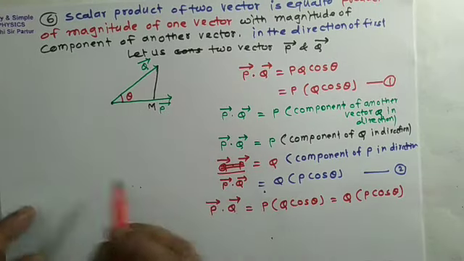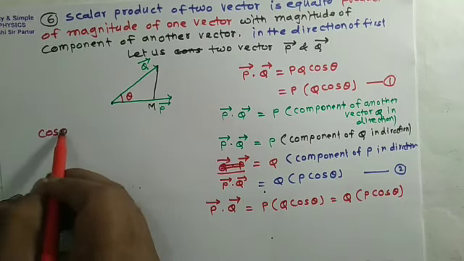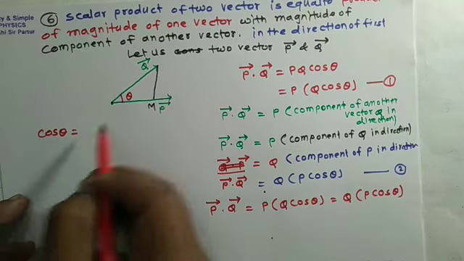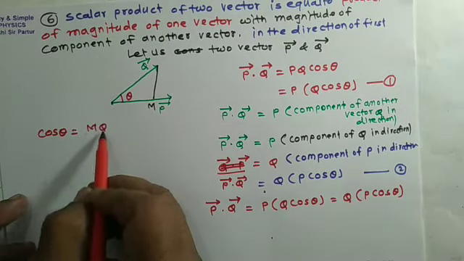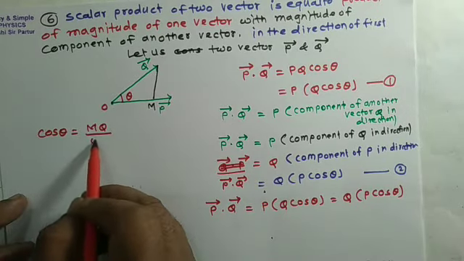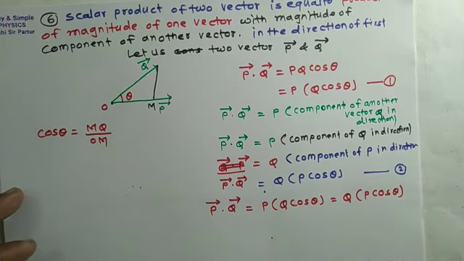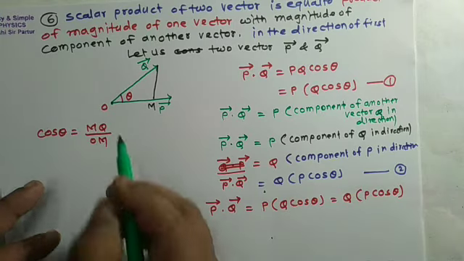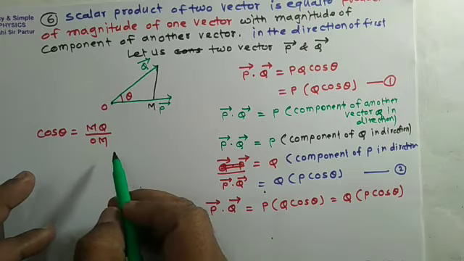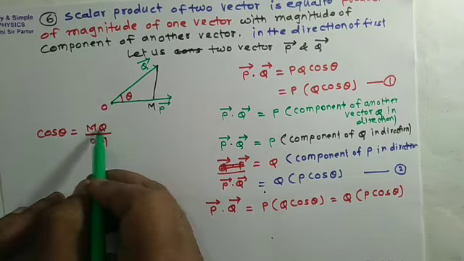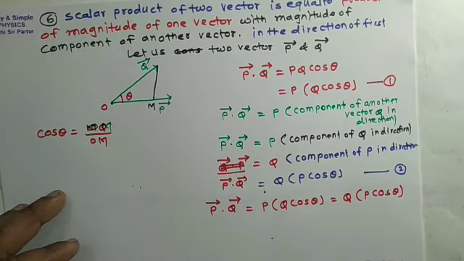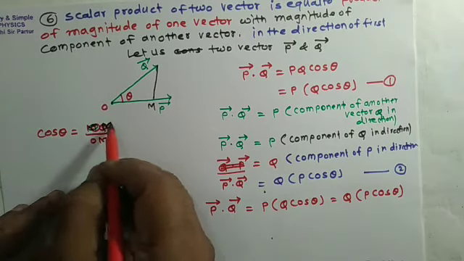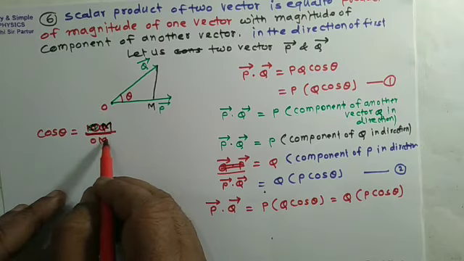In this triangle, we can say that cos of theta is equal to OM upon OQ.